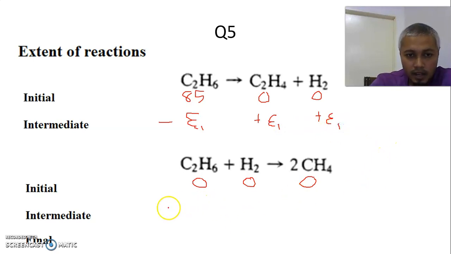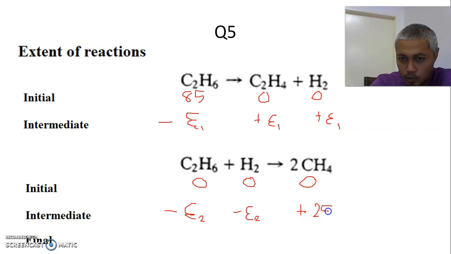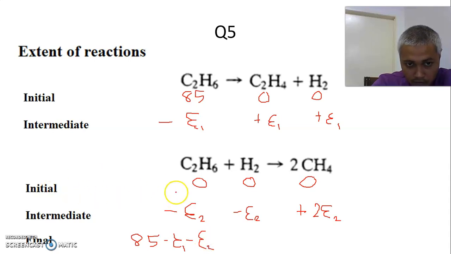And then for the second reaction we have minus epsilon 2, because this is the second reaction, and plus 2 epsilon 2. So the final one will be 85 minus epsilon 1, minus epsilon 2, because we don't have an initial amount for the second reaction.